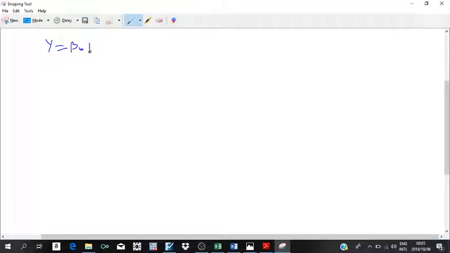So we start with a specification which looks like this. This is normally referred to as the population regression function. This is the intercept, this is the slope, this is our explanatory variable, this is our dependent variable, and this is our error term. The intercept is just the value of y here when x is 0.